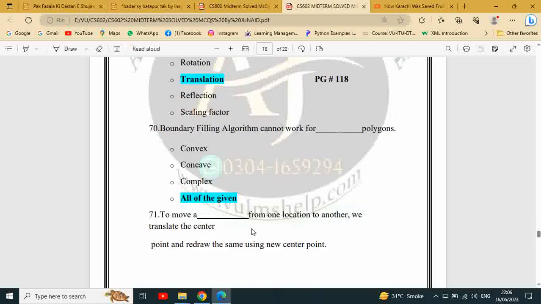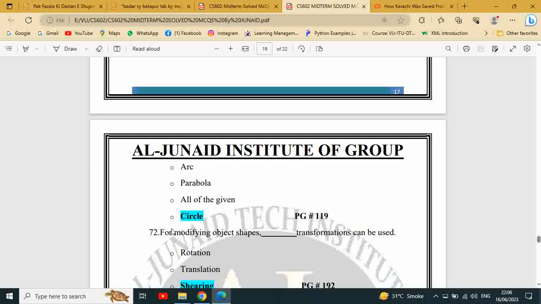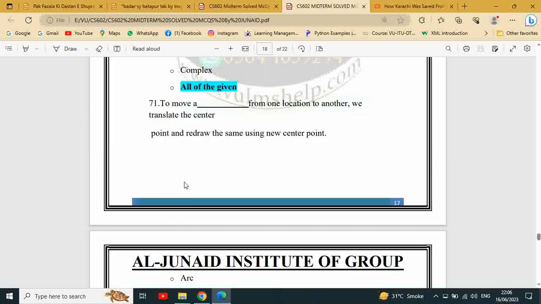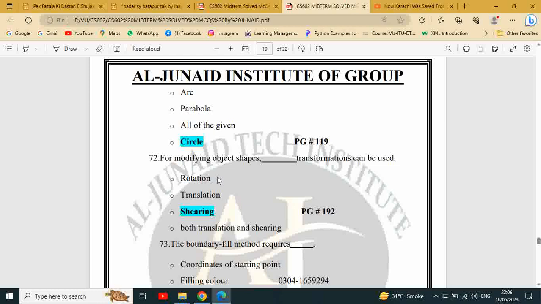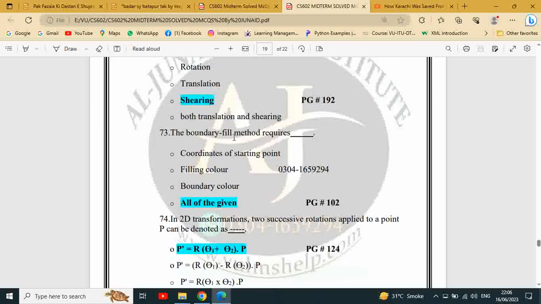To move a circle from one location to another, we translate the center. For modifying object shape, shearing transformation can be used. The boundary fill method requires all of the given: coordinates of the starting point, filling color, and boundary color.